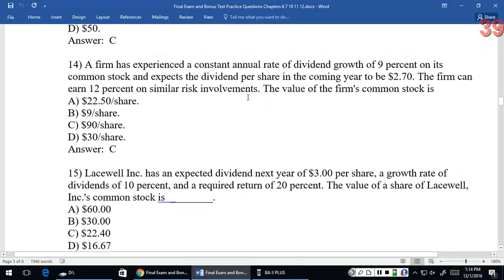Now, here's a question. Let's say this last one that we looked at, instead of being worded that it expects to pay a dividend per share in the coming year of $2.70, what if it had said it recently paid a dividend of $2.70? And what adjustment will we have to make to this 270 to fit the constant growth model?